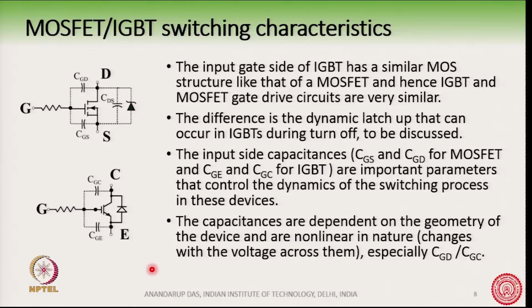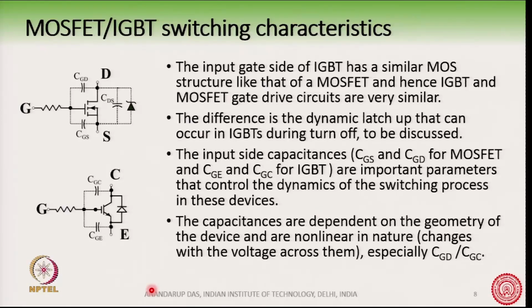So, here you can see that there are capacitances CGD, CGS, CGC, CGE. They originate from the structure, or the geometry, of the device. The basic idea of this switching characteristic is that we have to charge or discharge these capacitors.